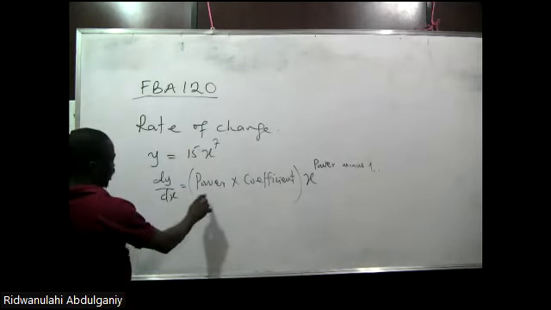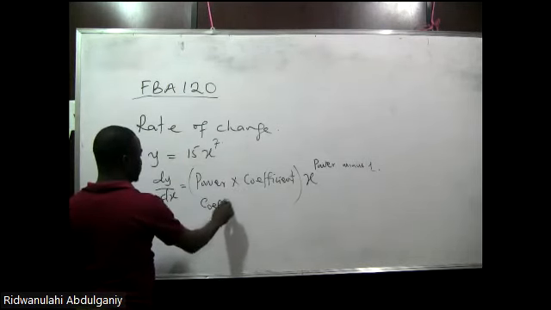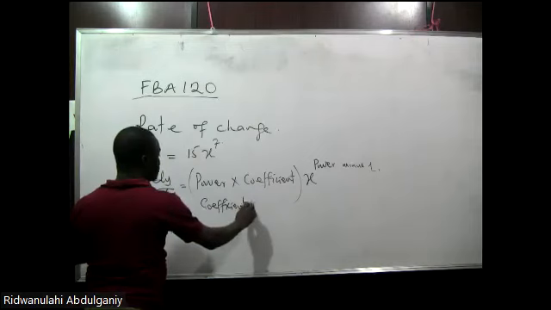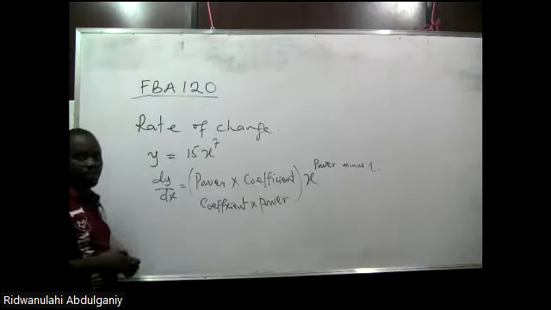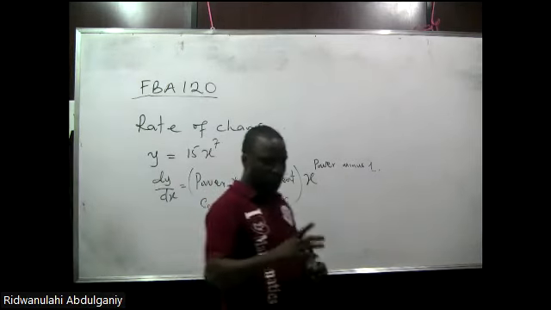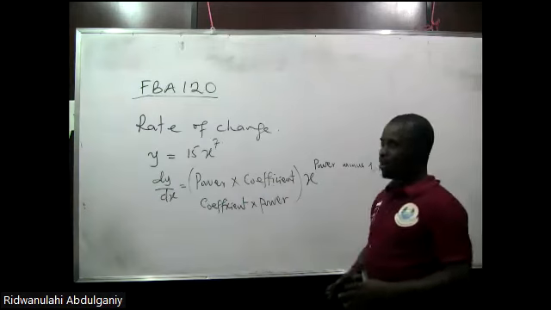Or you can switch this and write it as coefficient multiplied by power. Since it is a multiplication, it is commutative, so we are going to obtain the same results. That is how far we have gone.